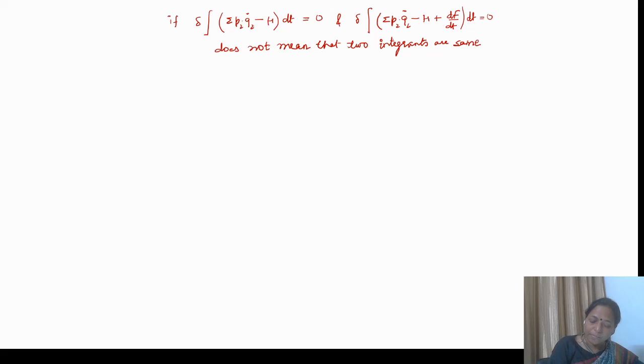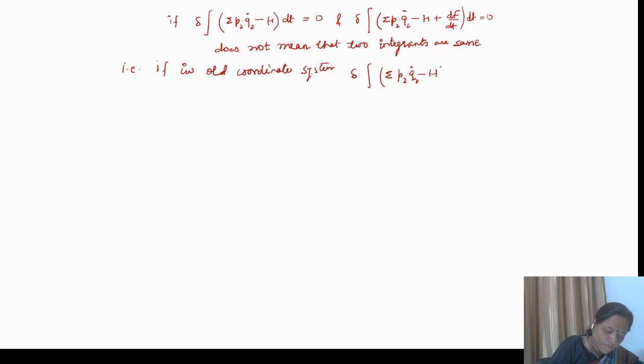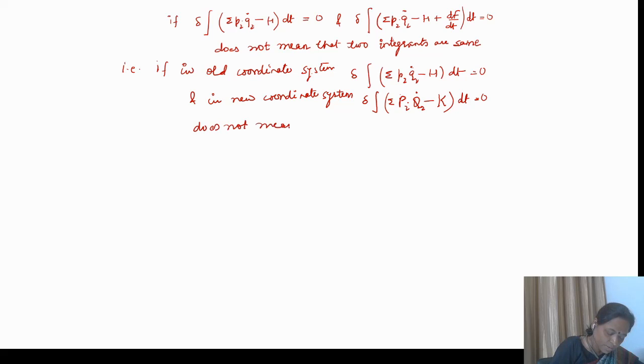So it simply means that if in the old coordinate system delta of the integral of sigma pi qi dot minus H dt is 0 and in the new coordinate system delta of the integral of sigma Pi Qi dot minus K dt is 0, it does not mean that the two integrands are the same.